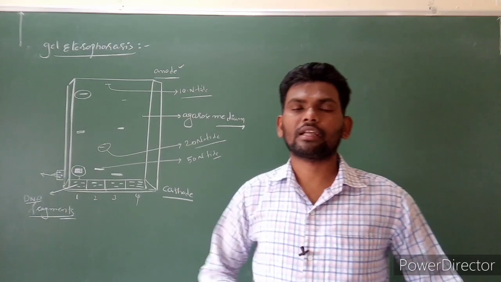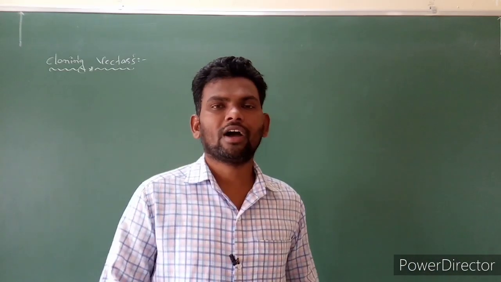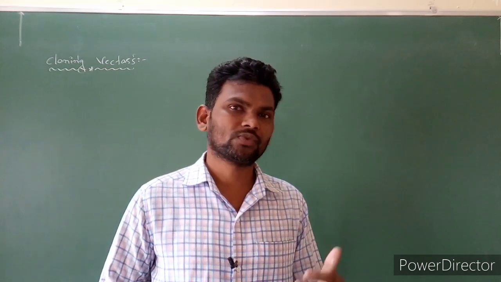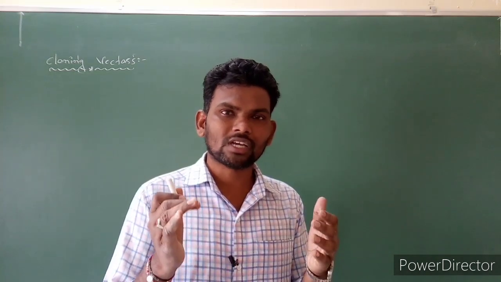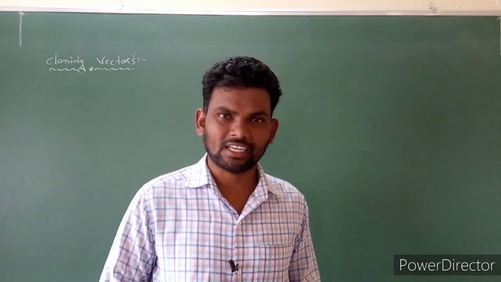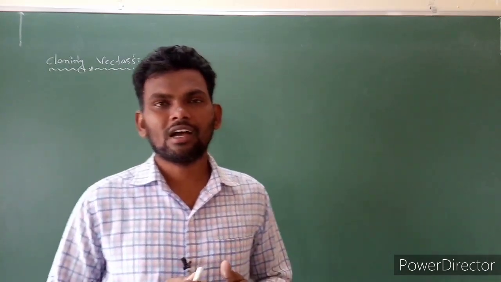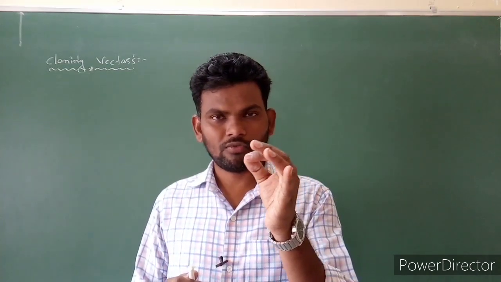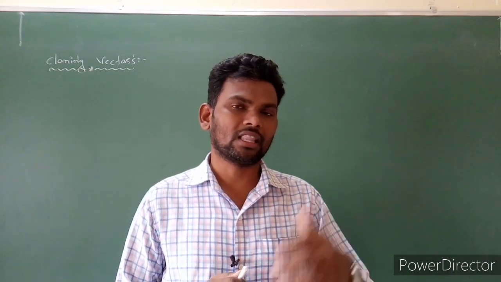So this is regarding gel electrophoresis. Now we have already learned regarding the restriction endonuclease enzyme, how it works, and also learned how DNA fragments get separated by using the gel electrophoresis technique. Now the task is preparation of one good vector for transfer of genetic information from one cell to another cell.